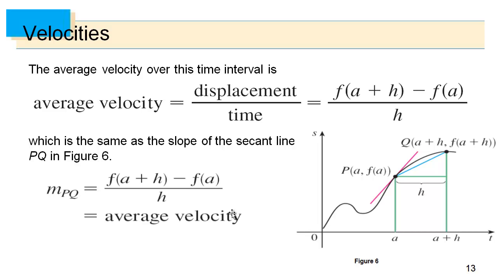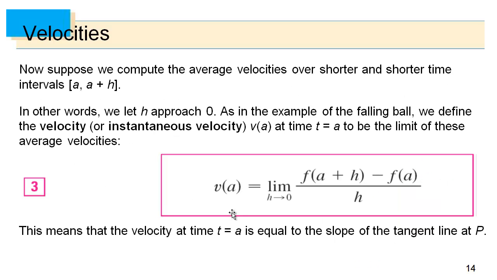And as we let that h distance go to 0, we now have a slope of a tangent line, and instead of average velocity, we now have instantaneous velocity. So we can define instantaneous velocity as this exact same thing. It's the slope of the tangent line, and it also happens to be instantaneous velocity.